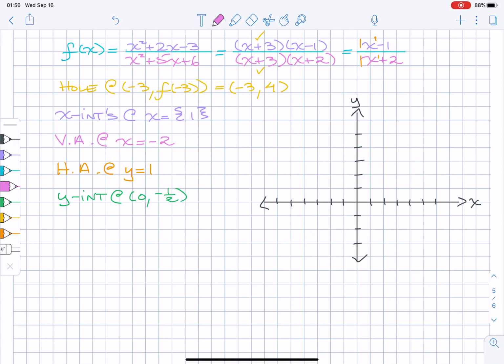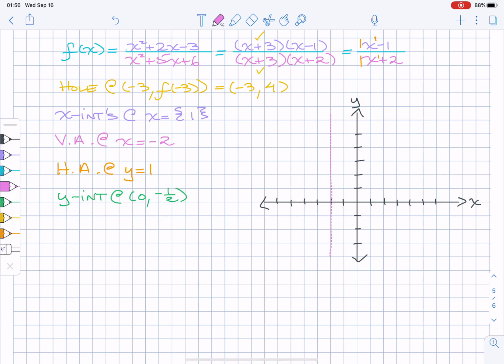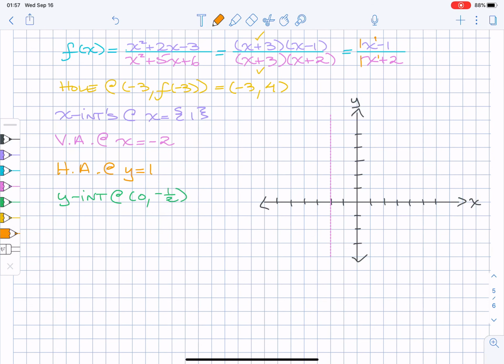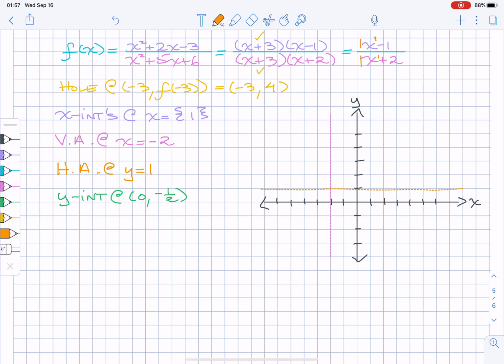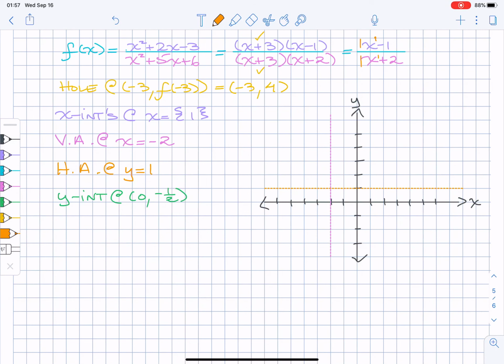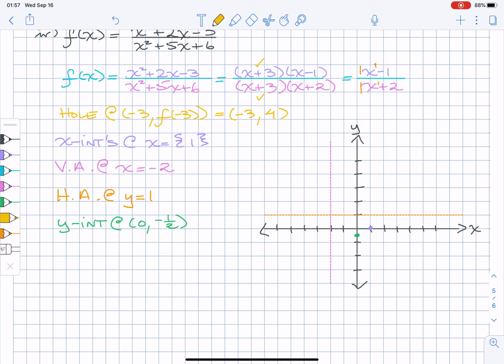Okay, so I have one vertical asymptote at -2. I have one horizontal asymptote at +1. I have one x-intercept at +1. I have one y-intercept at -1/2. I have a hole at -3, 4.